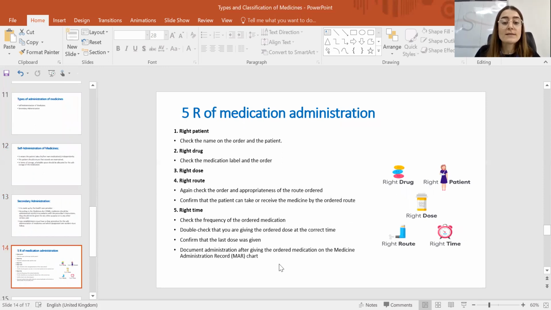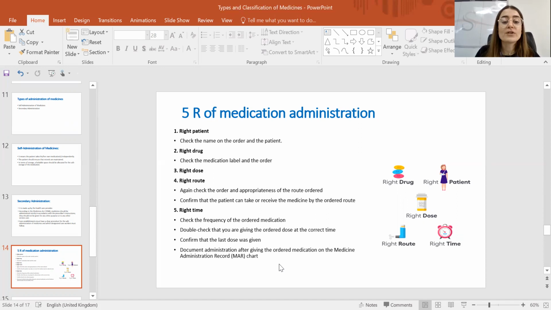There are 5 rights of medication administration. These 5 rights can help the healthcare provider to administer the medicines safely. First right, patient. The healthcare providers should check the name on the order and the name of the patient.